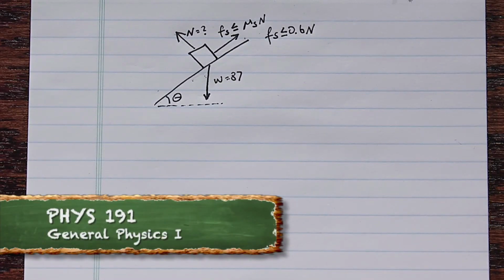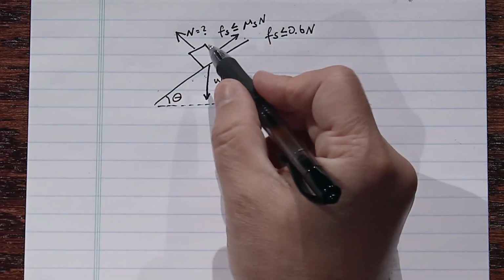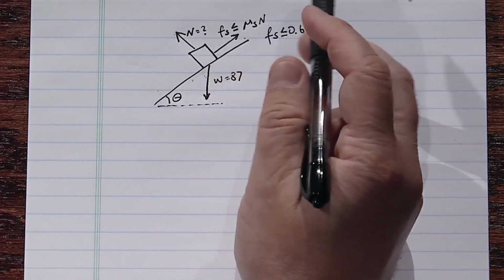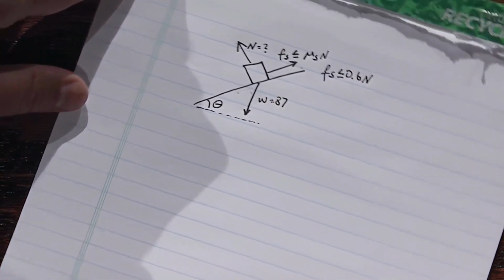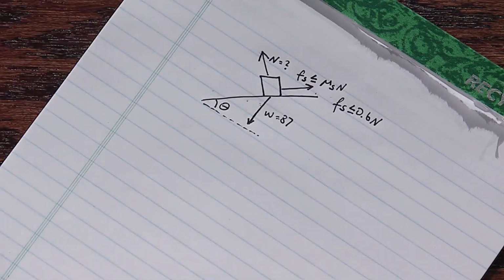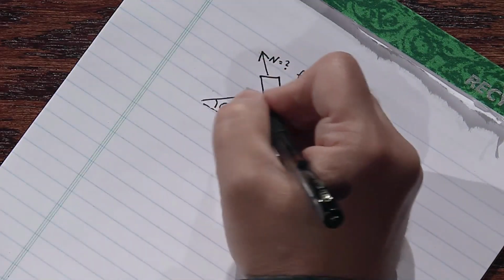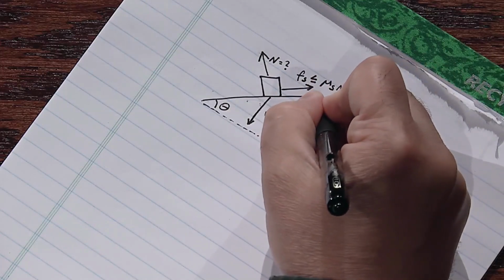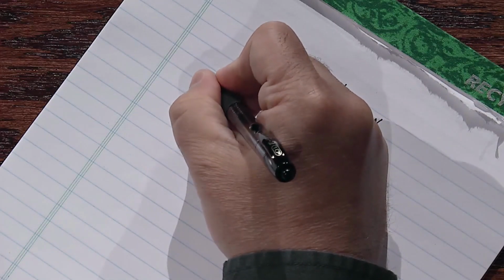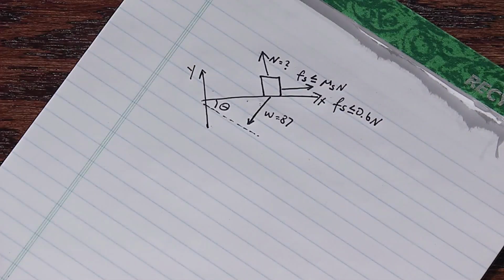We have to draw our x and y axes, and once again, since we have something parallel to the desktop, something perpendicular to the desktop, I would advise you to rotate your diagram like this, rotate all of the forces, that's allowed, and make your x-axis along the ramp, your y-axis perpendicular to the ramp.